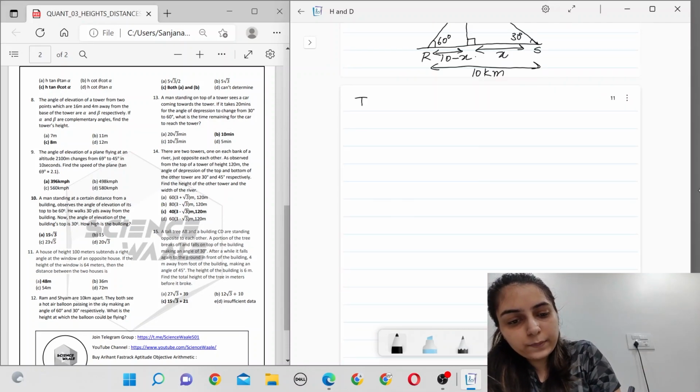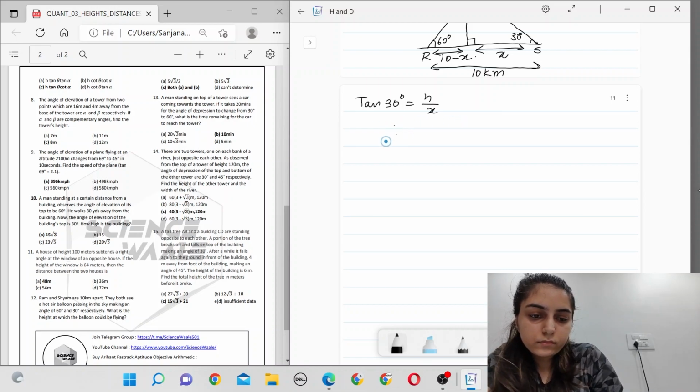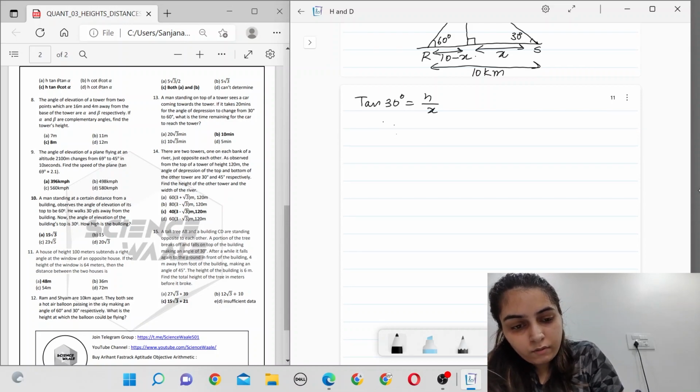So now if we apply tan 30 is equal to h by x. 1 by root 3 is equal to h by x.